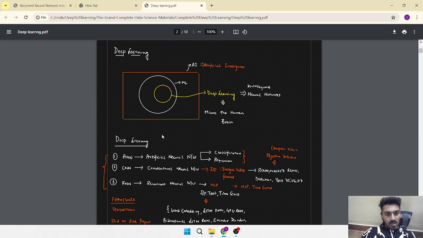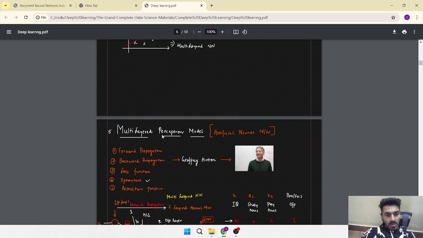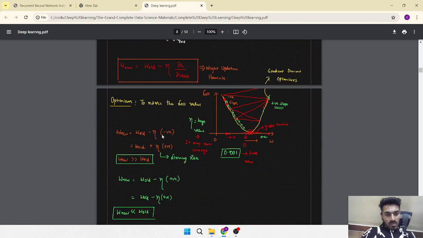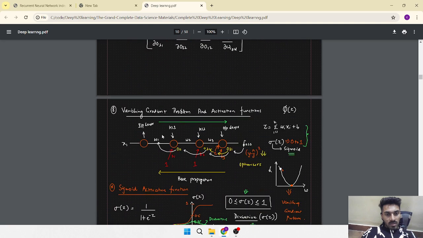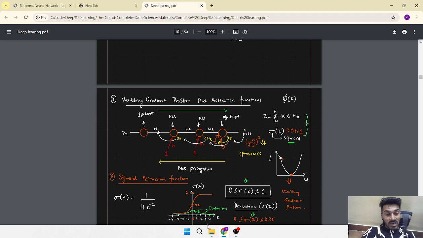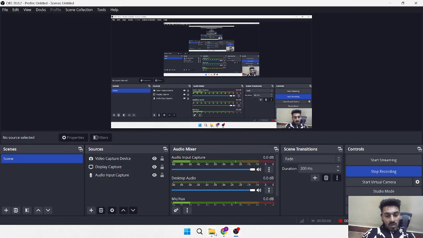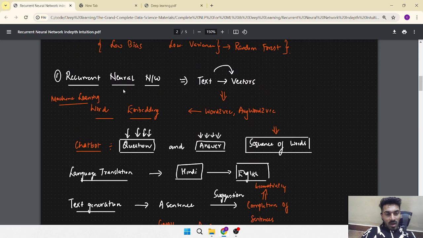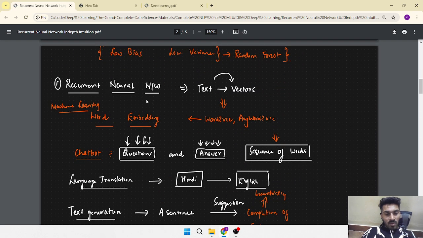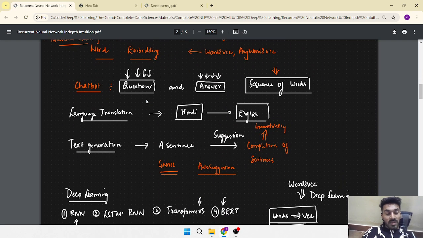This is due to chain rule of differentiation and the vanishing gradient problem. So due to vanishing gradient problem, this will occur. RNN model will not train very well due to vanishing gradient problem. Vanishing means vanish, very very small changes.